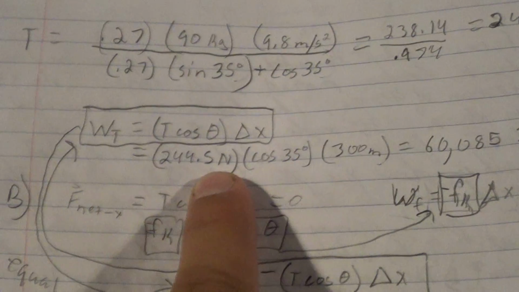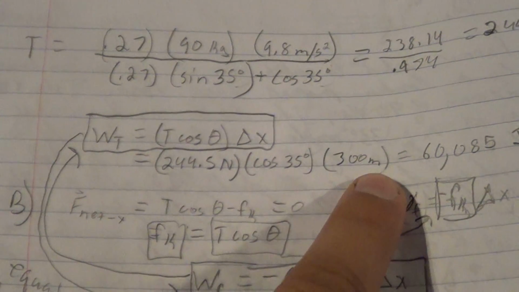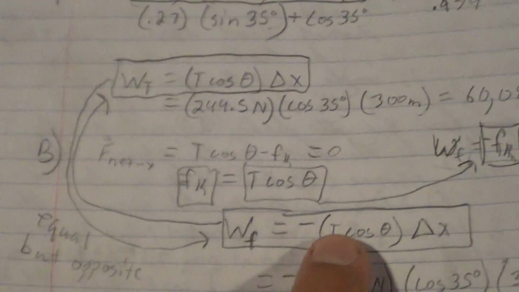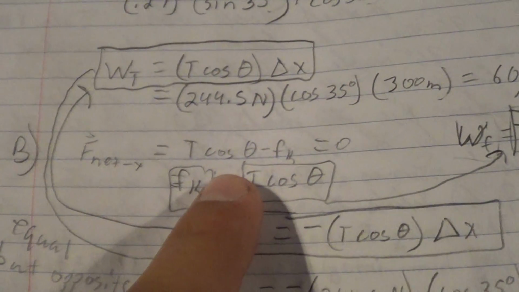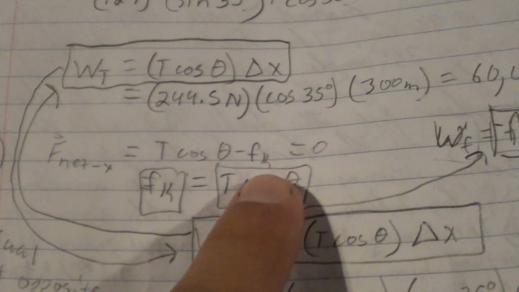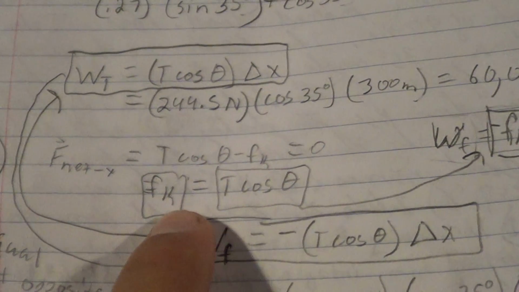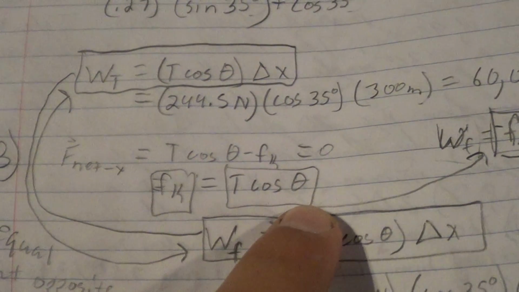Alright, well, we have our tension cosine theta, and we have our delta x from the formula, and we just get how many joules. And then plug in our F net x equals T cosine theta minus the friction. Our friction we know is T cosine theta.